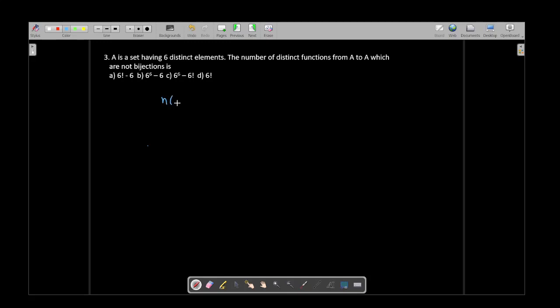Number of elements in A is 6 distinct elements we have. The number of distinct functions from A to A which are not bijection we have to find. So let us do this. We have set A which is, let us take 6 elements, 1 2 3 4 5 and 6, same elements.